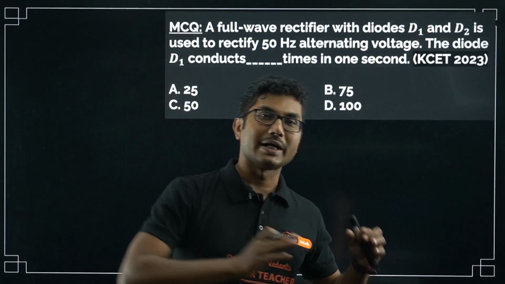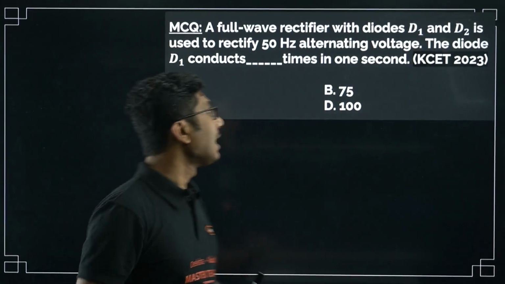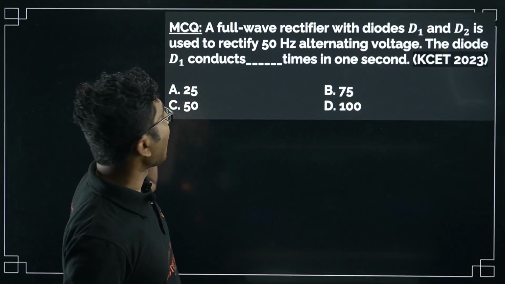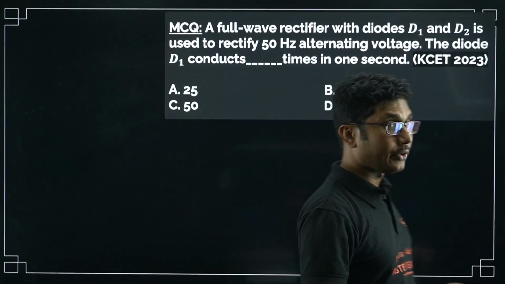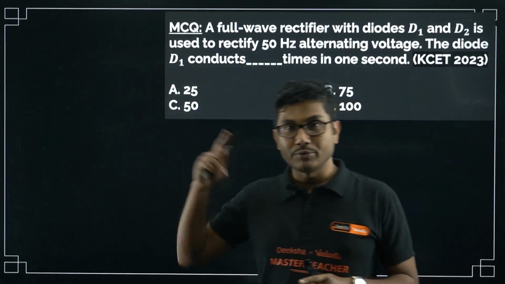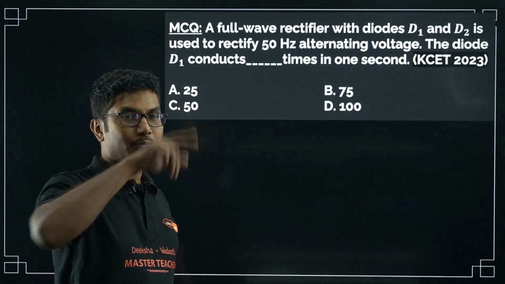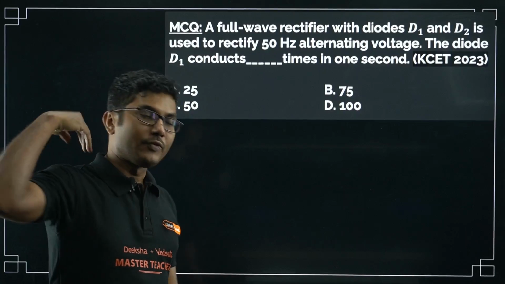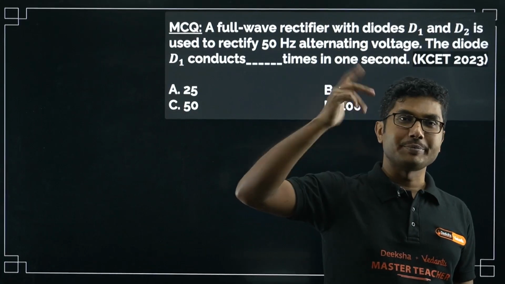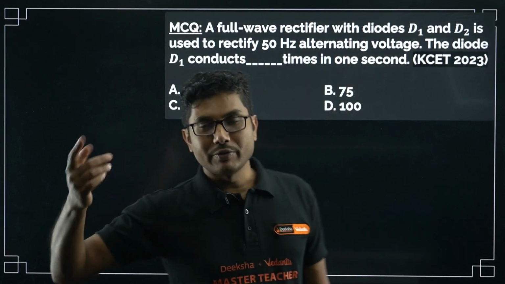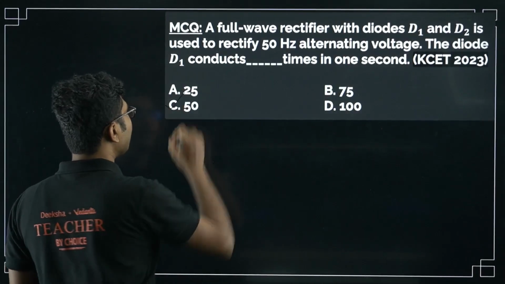So each diode is conducting 50 times in 1 second, and the question asks about diode D1, not the total number of conductions. The total number of conductions would be 50 into 2, that is 100, but diode D1 only conducts when it is positive. 50 Hz means in each second there are 50 highs and 50 lows, and diode D1 conducts only during highs, so 50 will be the answer.